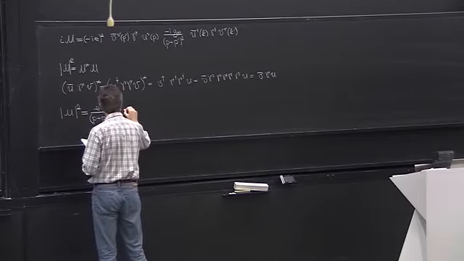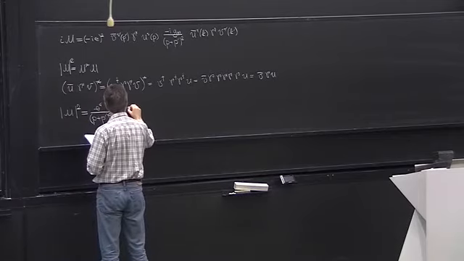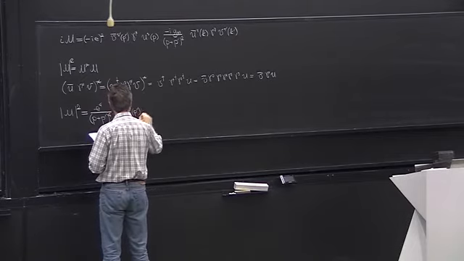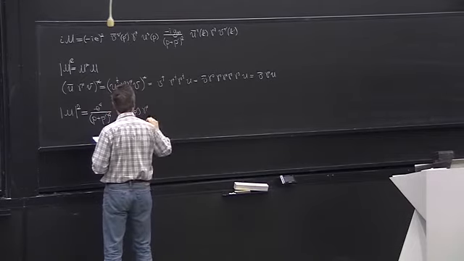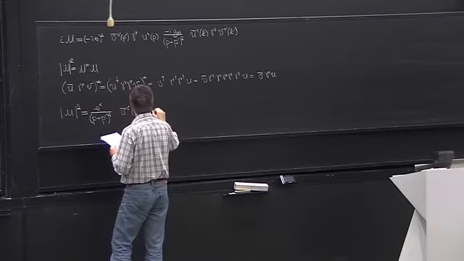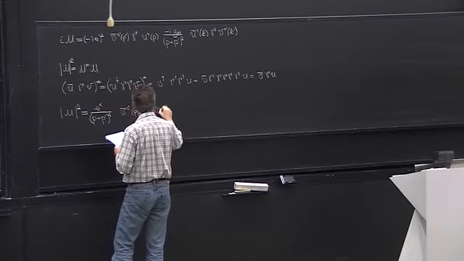So this will be v bar s prime of p prime gamma mu u s of p.